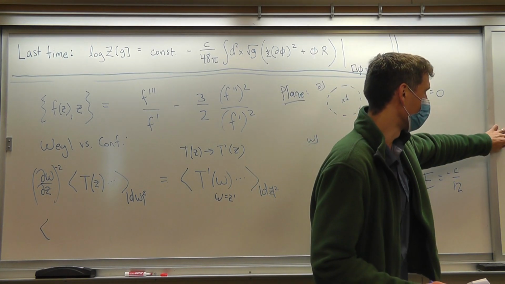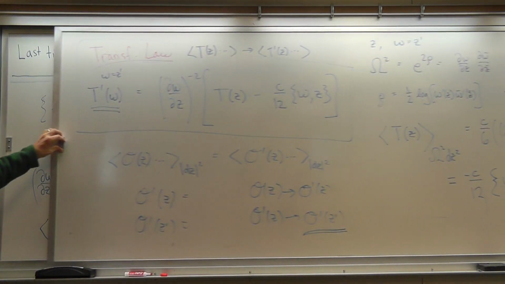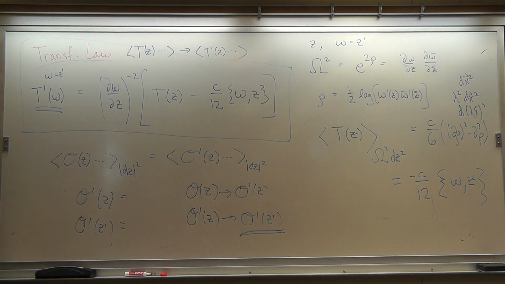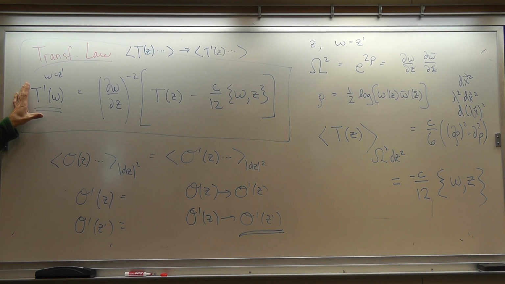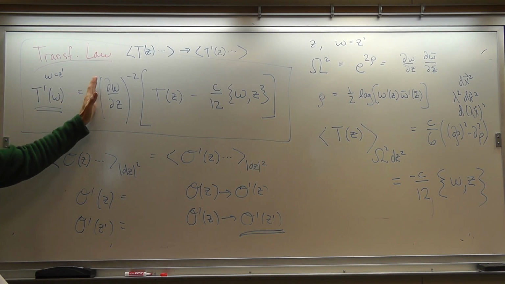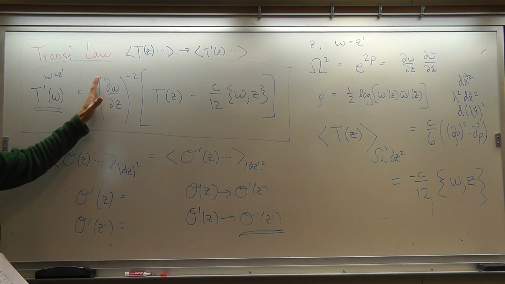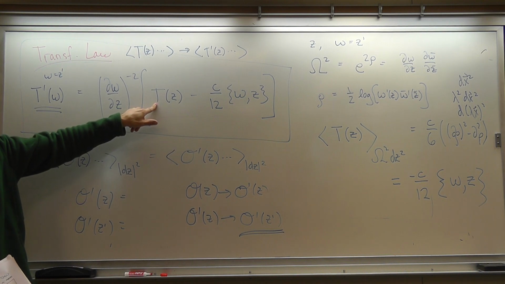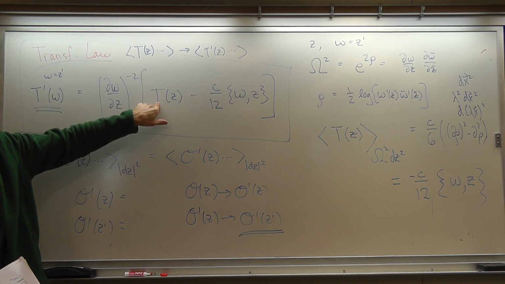Let me say it a little bit differently. Say we want to learn about the one-point function on the cylinder. Our goal in life is to learn the one-point function of the stress tensor on the cylinder. Okay. We can either go through this procedure of Weyl transformations like we just did. That is not how people do it in real life. What they do is they write down this transformation law, and they evaluate the right-hand side on the plane. Because this is T of Z. This is something that you evaluate in the theory on the plane.